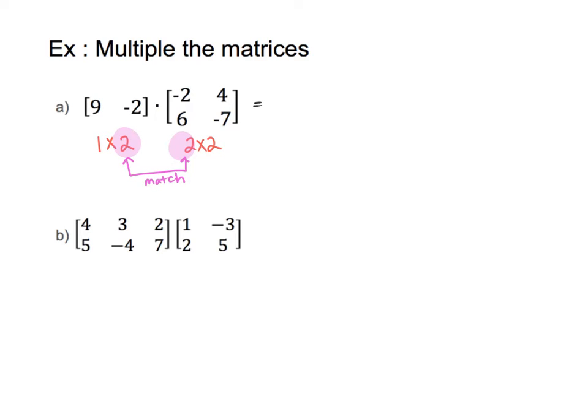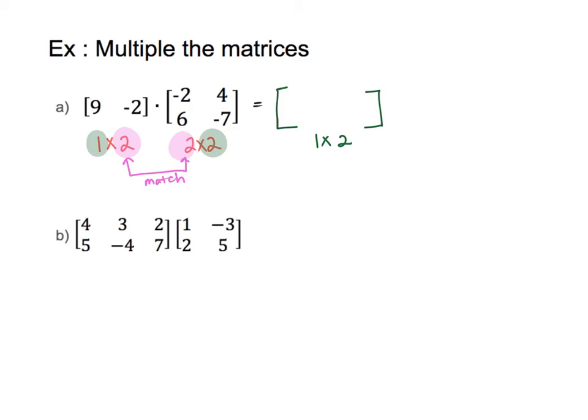When I multiply, my new matrix is going to be the outer dimensions. So I am going to get a 1 by 2. A 1 by 2 is basically one row and 2 columns. So in this matrix, I'll work it out, and then later I'll try to clean it up.